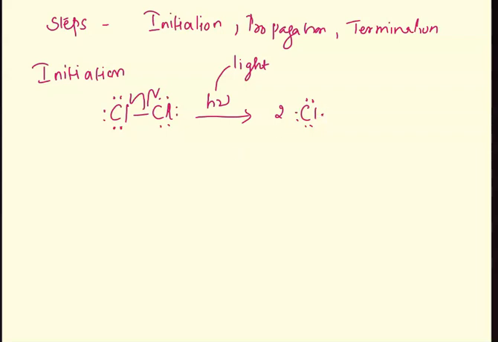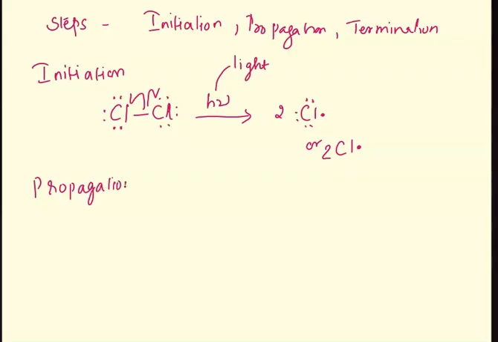See, there's one unpaired electron here. You can also represent this just like a chlorine radical, which is also fine because the others are all paired. So one unpaired electron is present. Or you can write it like this: two chlorine radicals. So that's my initiation step. The next one is propagation.